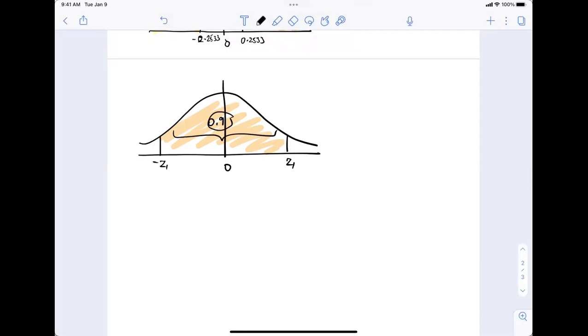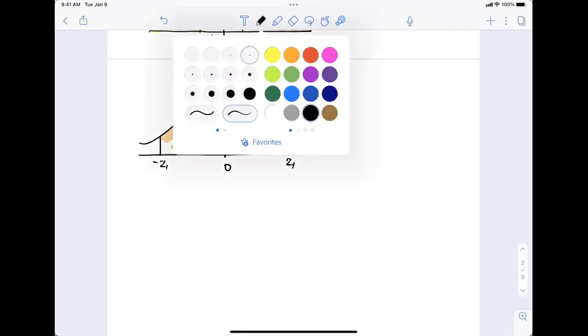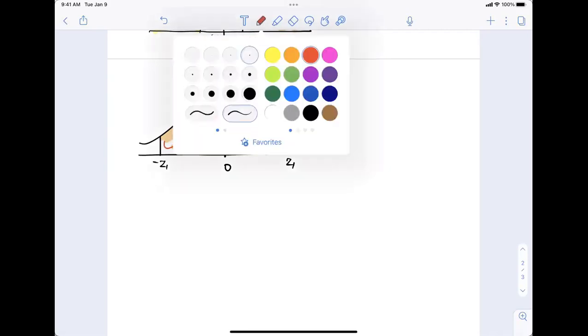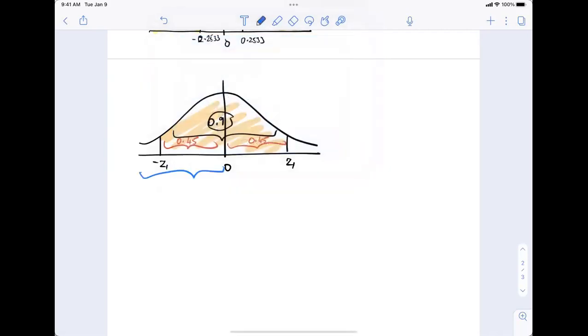Now, let's break it down. We know that the normal distribution is symmetric. Therefore, if this particular area encompasses 0.9 or 90% of the data, then half of it should be to the left of the mean and half of it should be to the right of the mean. That is, this area will be 0.45 and this area will be another 0.45. And when you add them, you will get 0.9. Now we know that area to the left of 0 has to be equal to 0.5.